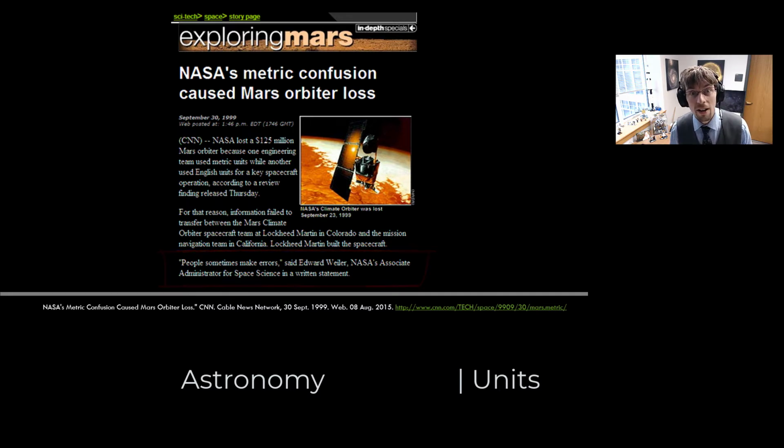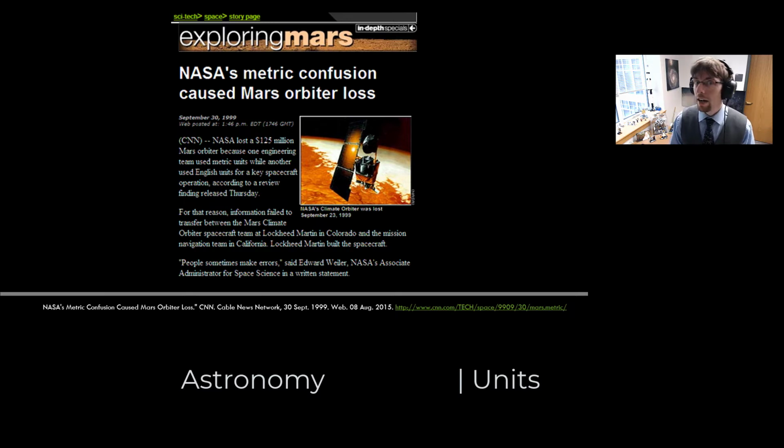That's a big error. And what happened, if you go through and read the congressional report, I believe, was that one contractor was working in what is called the International System of Units, SI. In other words, meters, kilograms, seconds.